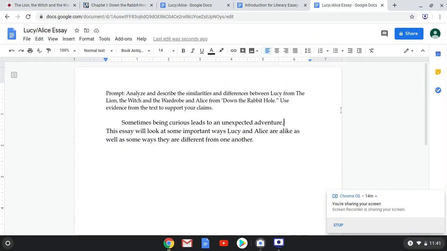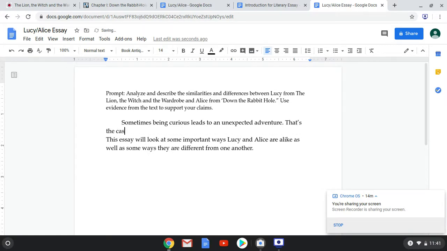All right. Sometimes being curious leads to an unexpected adventure. That's the case for Lucy in C.S. Lewis's The Lion, the Witch, and the Wardrobe.